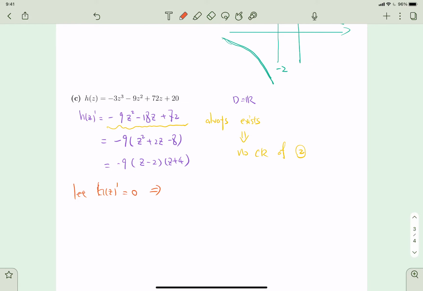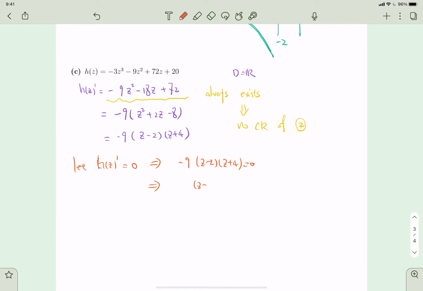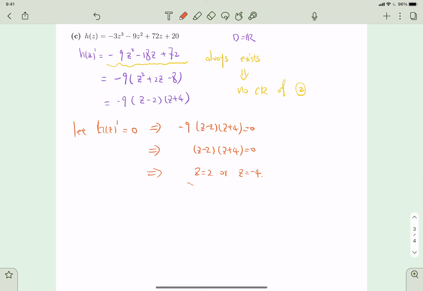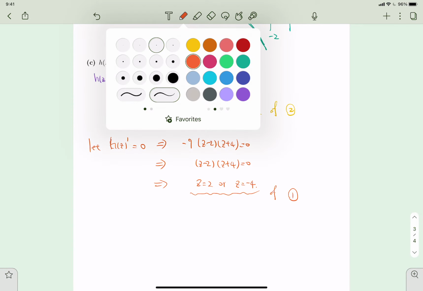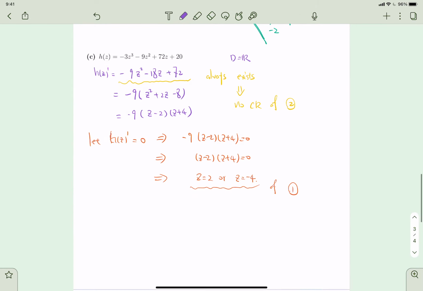And now we have this equal to 0, which implies z minus 2, z plus 4 equals 0, and it's either z equal to 2 or z equal to -4, right? So these are the critical numbers of the first type. And because there's no critical numbers of the second type, these are the only critical numbers, okay?